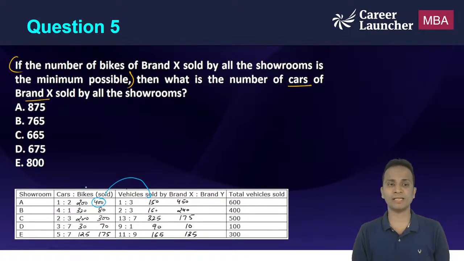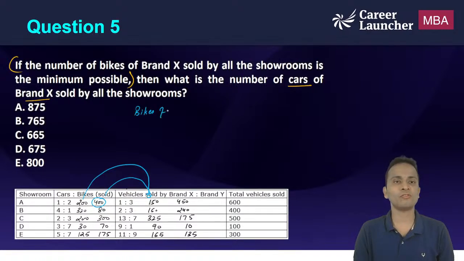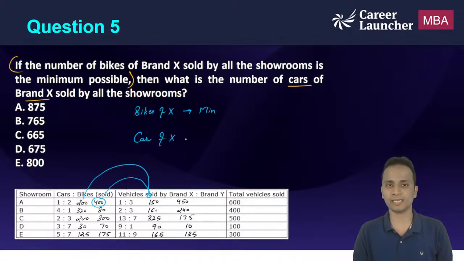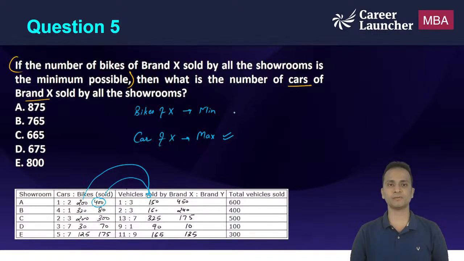Number of cars of brand X. So if you maximize the number of cars of brand X, then the bikes of brand X will be minimized, and that will solve your purpose. Right? So just do that and find out the answer. This will become very simple.